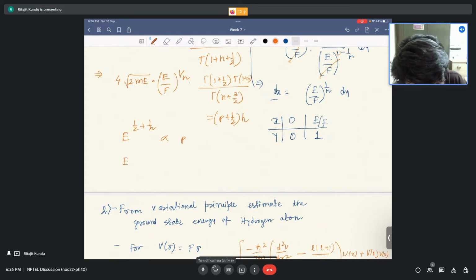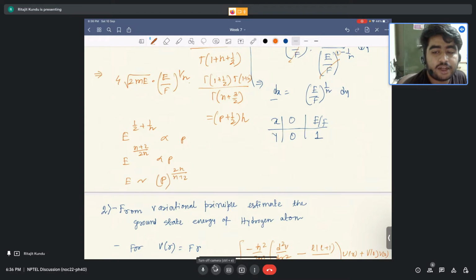So you just do this algebra and you write down E is proportional to p to the power 2n by n plus 2. So this is the most general result that you can have. You can check back whether your last result, which you did for the linear potential where n is equal to 1, matches.